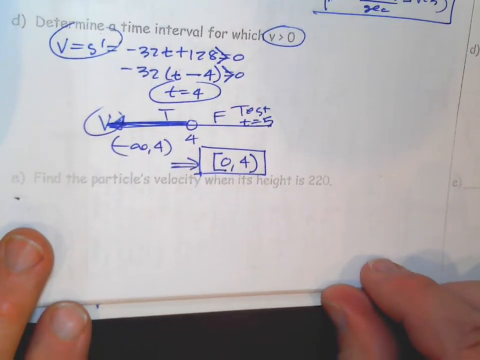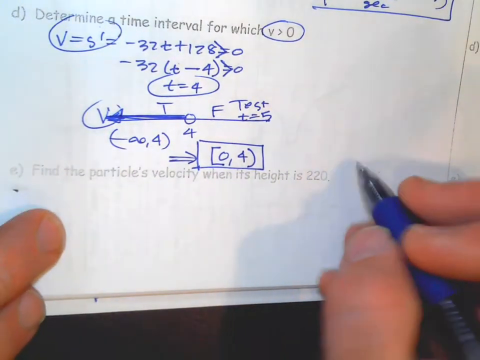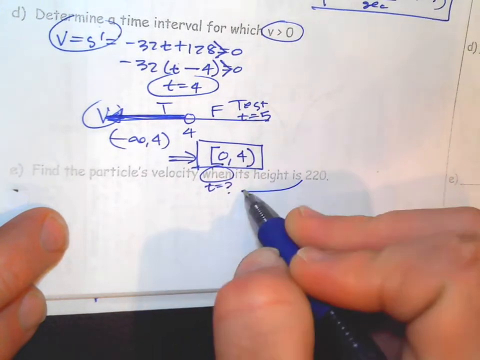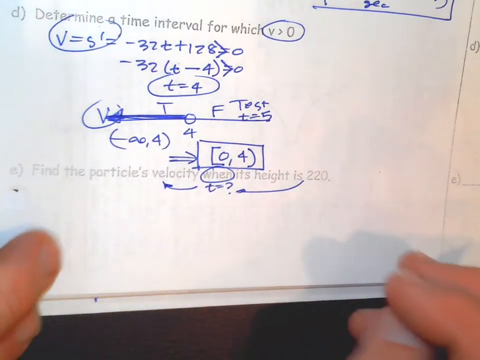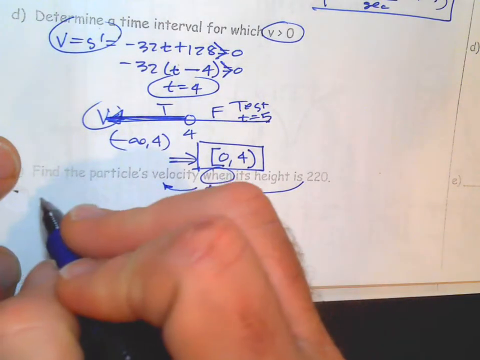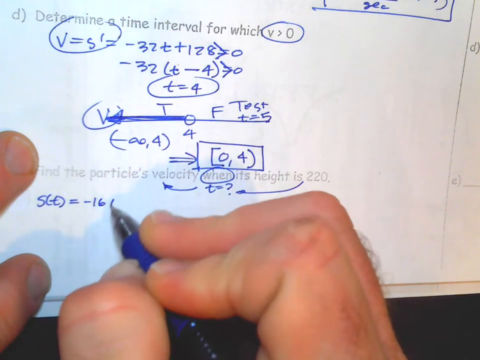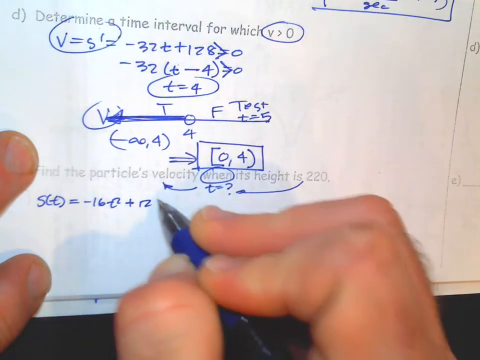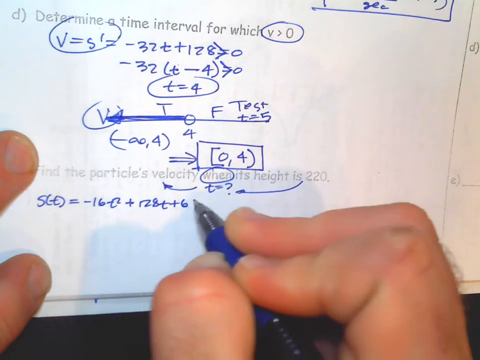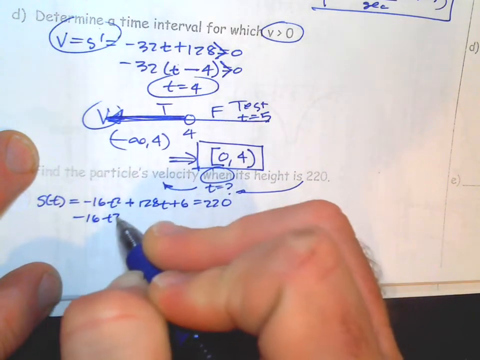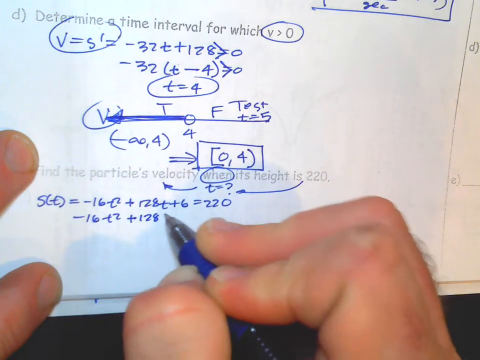Find the particle's velocity when the height is 20. You're going to find the time, and then you're going to plug it into the velocity. So the hard part is probably finding the time. So you're going to take the position equation, set it equal to 20, and then move everything to one side.